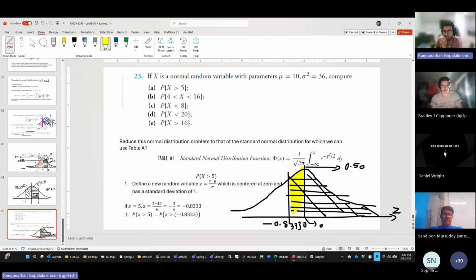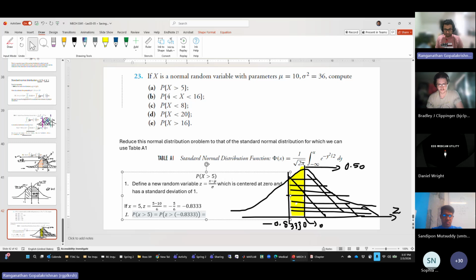This yellow region is basically 0.5 plus something that you don't yet know. So the value you want, I'll write 0.5 plus yellow.